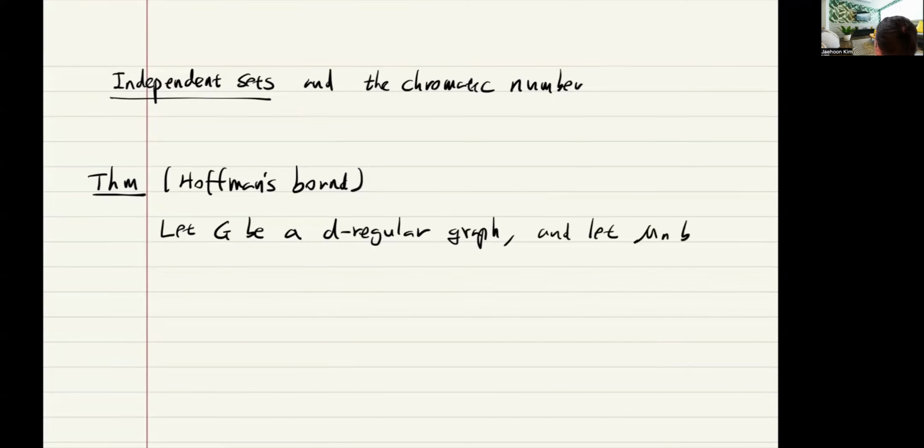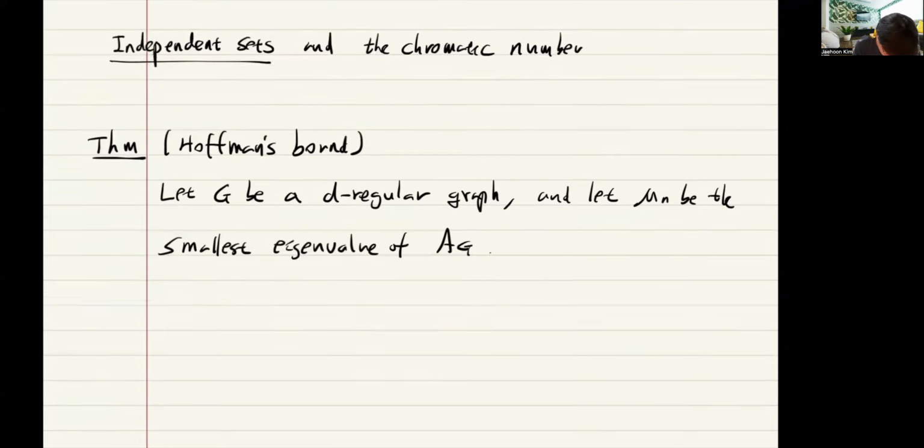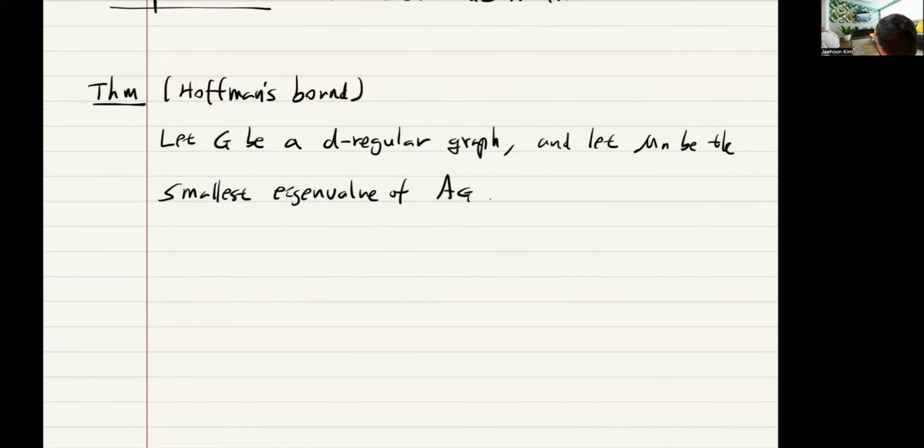Let mu sub n be the smallest eigenvalue of the adjacency matrix of the graph. Then the Hoffman bound says that, we know that this mu n is a negative number, then we get this.